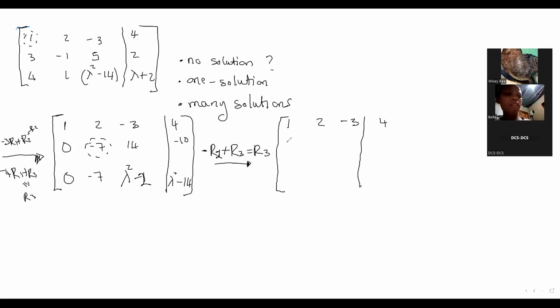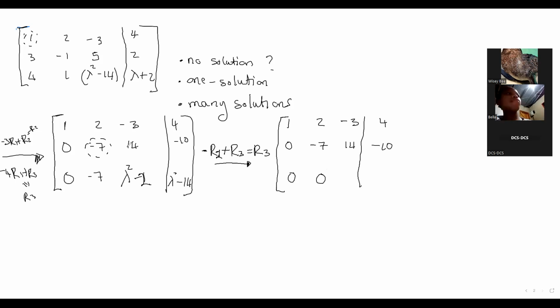4. And then the one with the pivot point, I said that one remains the same. It doesn't change. Don't change it. And then this one will not change. 0 plus 0 will give me 0. 7 plus minus 7 is going to give me 0.